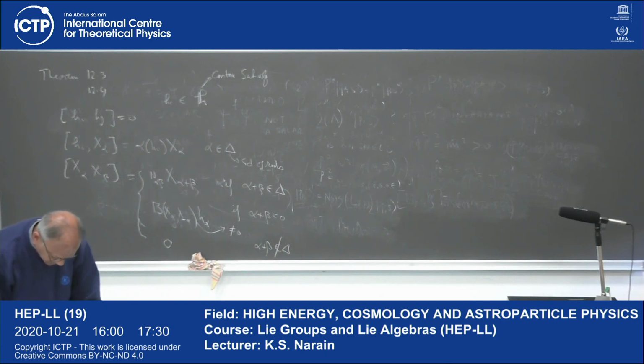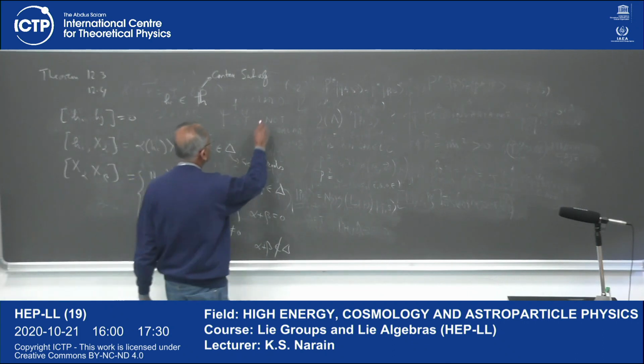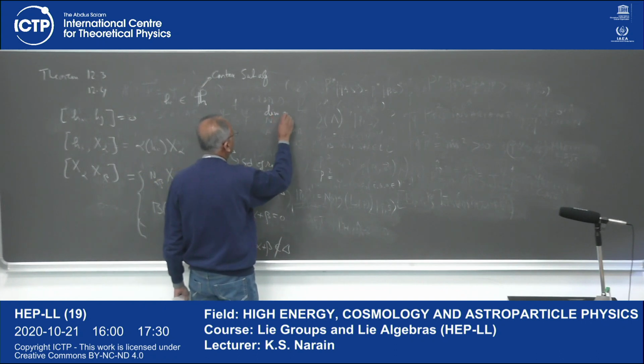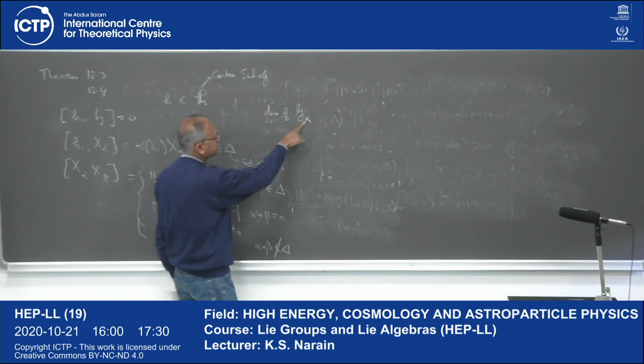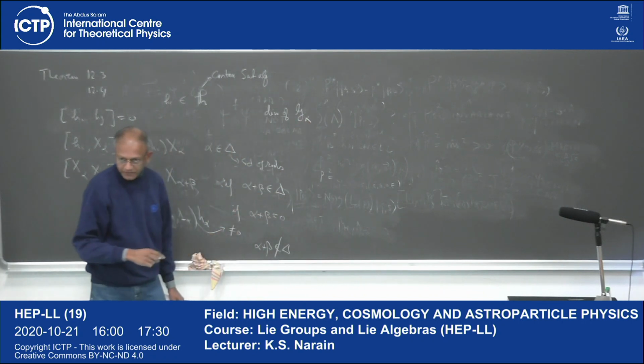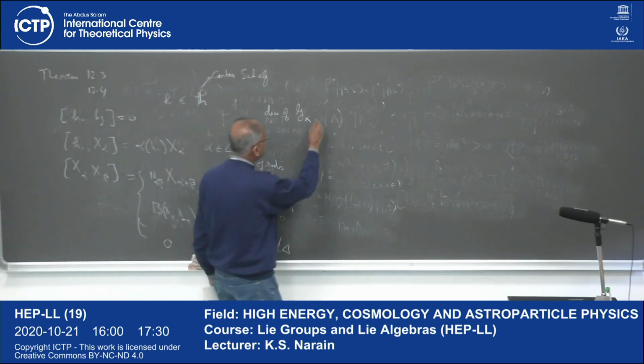The dimension of G_alpha, this is the subspace which had the same root, alpha. Right? This is always one dimension.